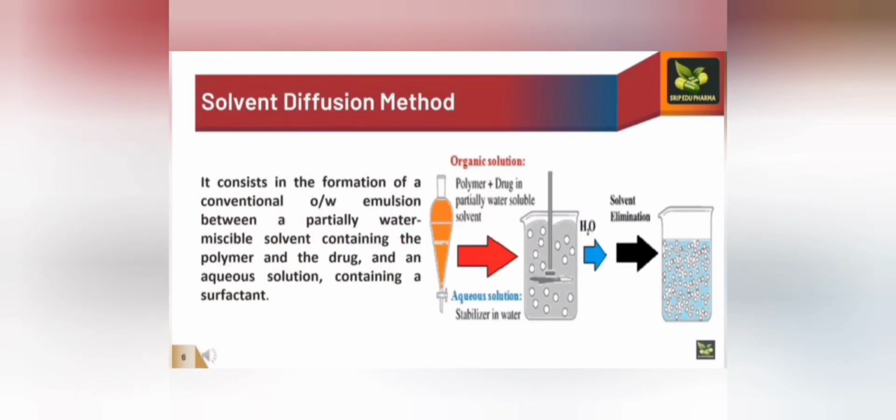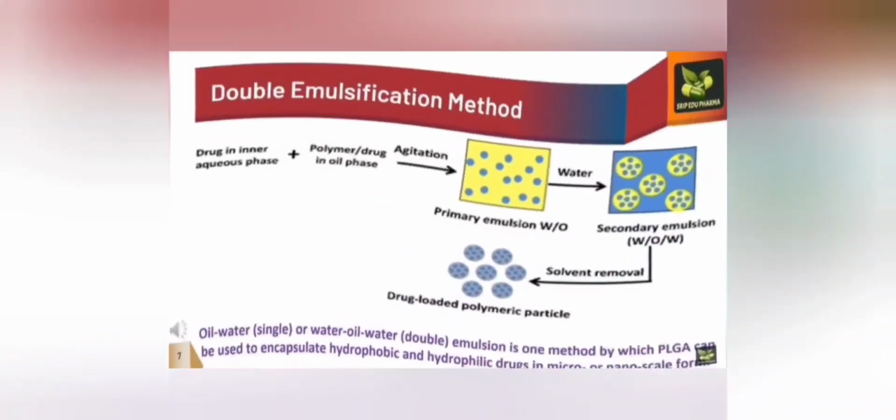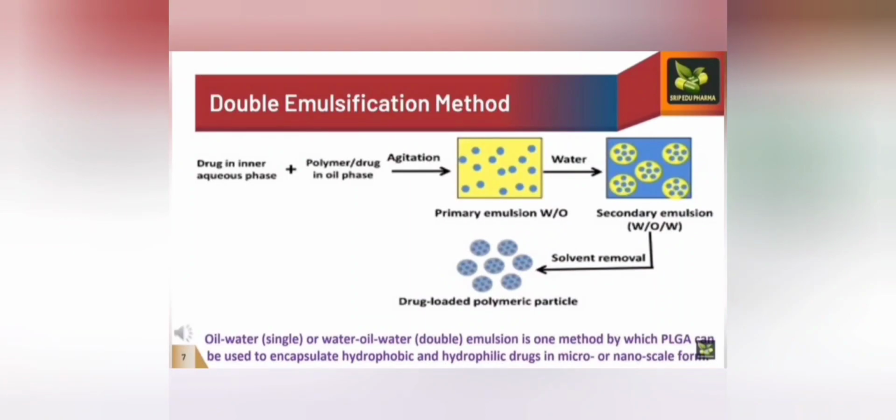Solvent diffusion method. It consists of the formation of a conventional oil-in-water emulsion between a partially water-miscible solvent containing the polymer and the drug, and an aqueous solution containing a surfactant. Double emulsification method. The drug is in the inner aqueous phase and the polymer and drug are in the oil phase.